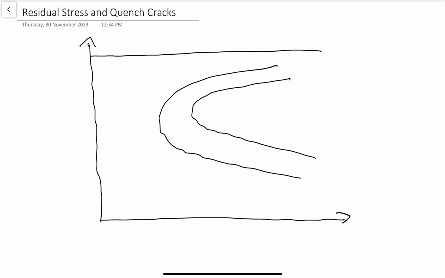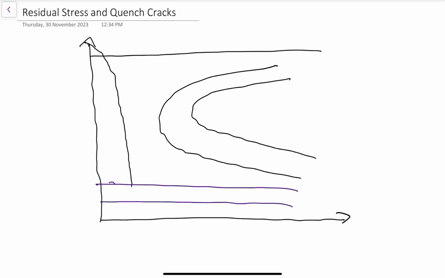You know that when sudden cooling occurs, it will lead to the formation of martensite. Here martensite formation starts, and here martensite formation finishes.